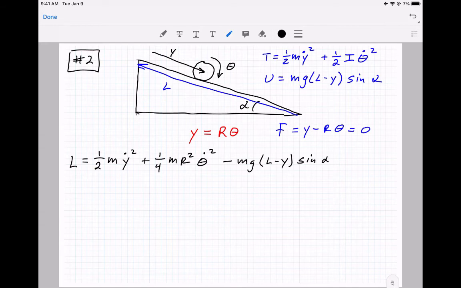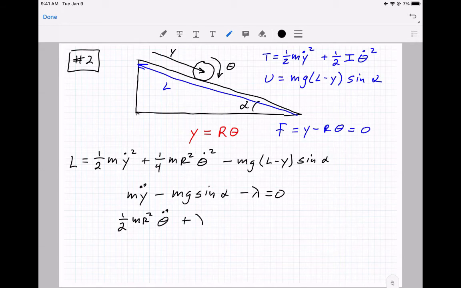So I want to put that into my Lagrange equations for y and for theta. At this point, I'm not going to write that down explicitly, I'm just going to plug things in and write down what comes out of the Lagrange equations. So it's going to be m y double dot minus mg sine alpha minus lambda equals 0, and I'm going to get 1/2 mr squared theta double dot plus lambda r is equal to 0.